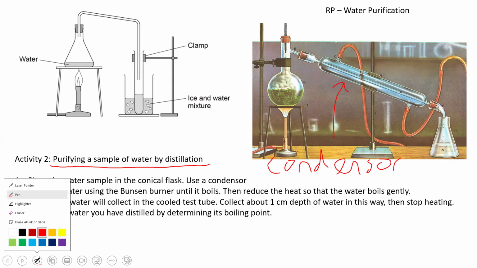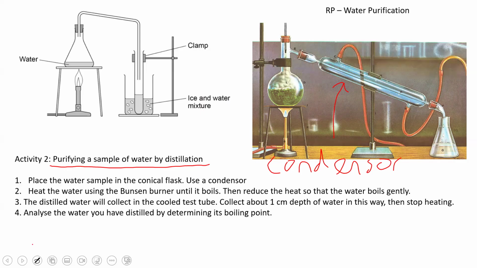The way it works is you heat your water up here, or whatever solution it is. You could have a salt solution. The water boils and goes into the condenser. Around the outside of the condenser you've got cold water, at the top and at the bottom. It's like a cold water jacket.